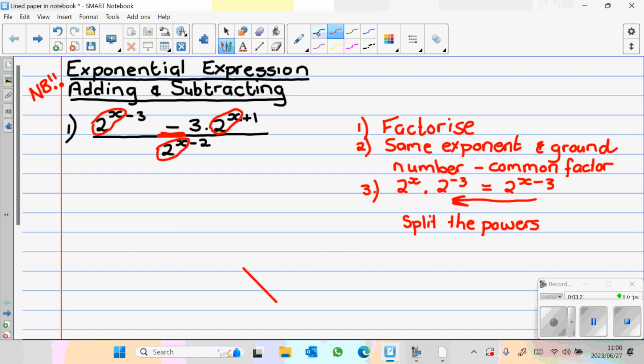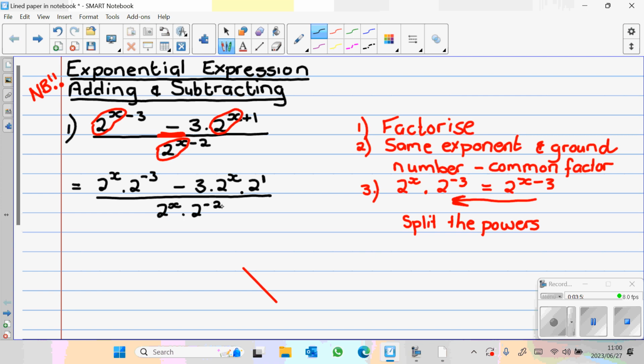Okay. So that's going to be our first thing. We're going to say this is 2 to the power x times 2 to the power negative 3, minus 3 times 2 to the power x times 2 to the power of 1, divided by 2 to the power of x times 2 to the power of minus 2.